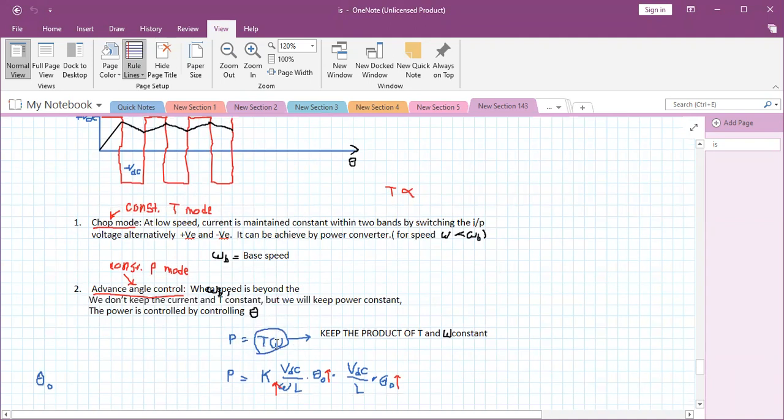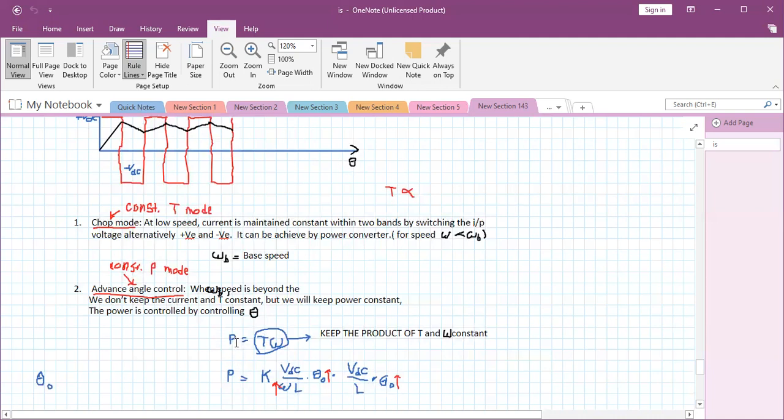In this product, if your omega is increasing, we will try to keep the torque decreasing, so the product T into omega remains constant. Torque is not constant, but the product of torque and speed is constant.